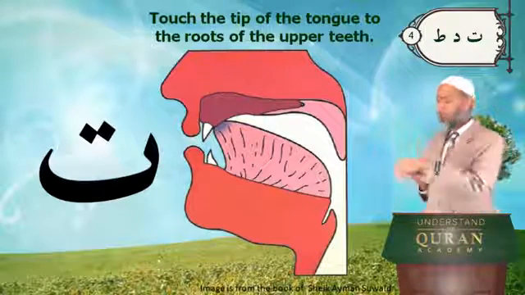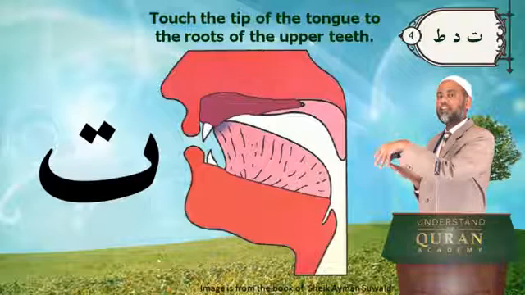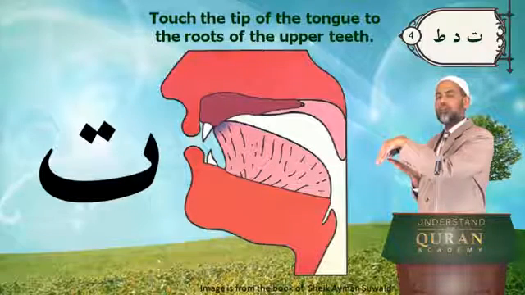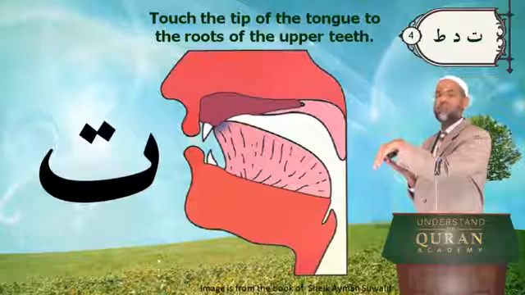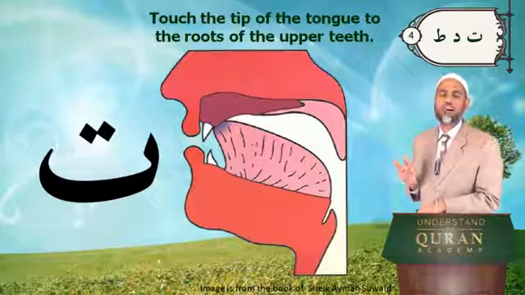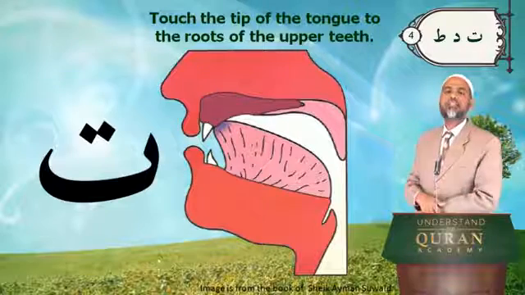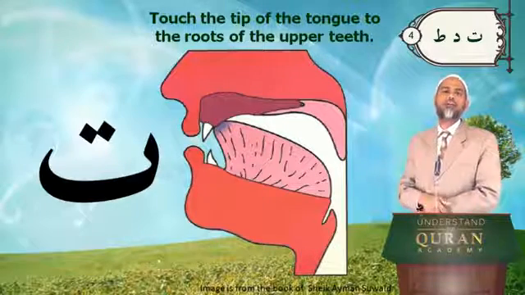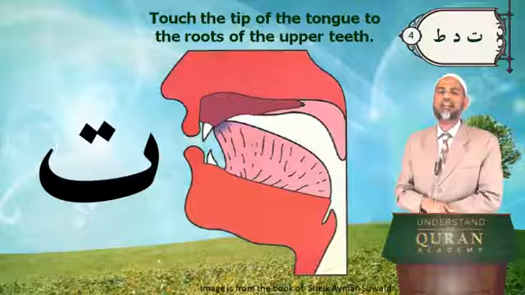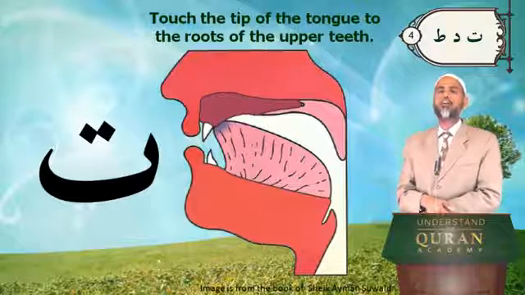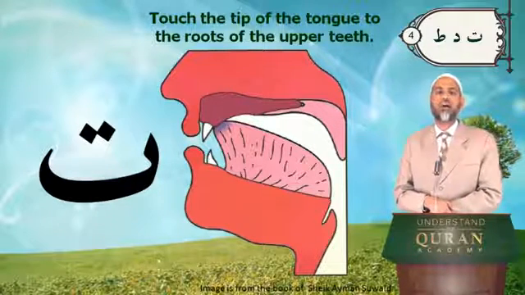And here all the letters ta, da, ta, the 3 letters will have the sound coming out when you touch the tip of your tongue to the roots of the upper teeth. Inside, see, roots close to the gums. Ta, almost on the gums and the border. Ta, da, ta.